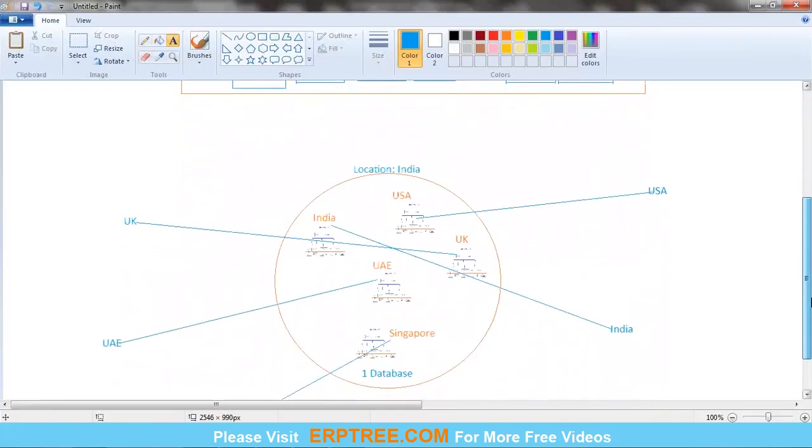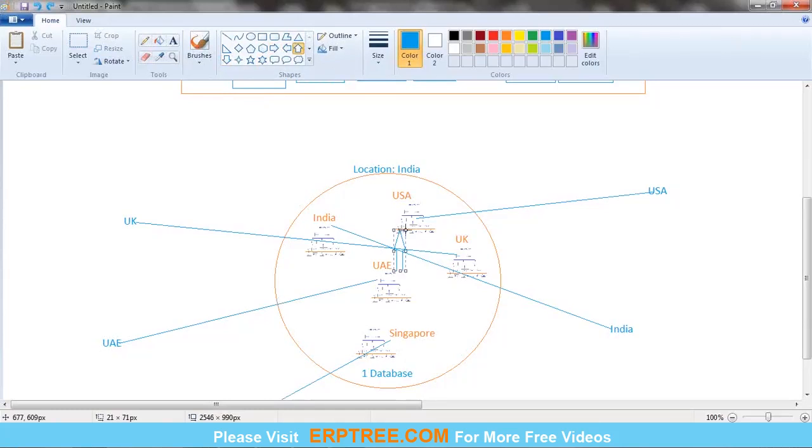And now say for example, you want to transfer the data from India to US, or else say UAE to UK.